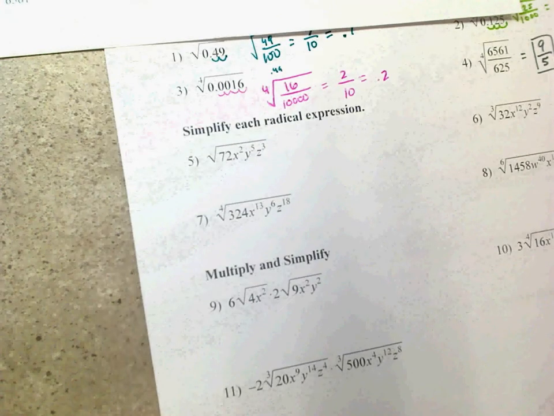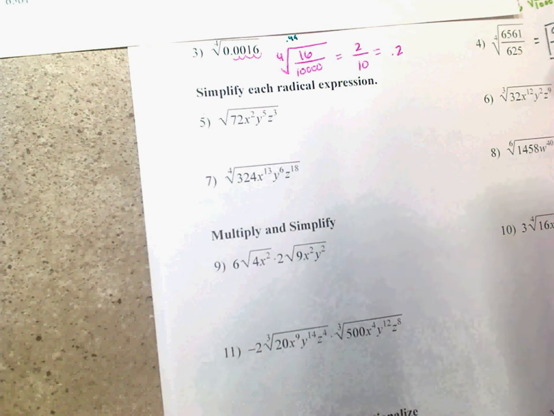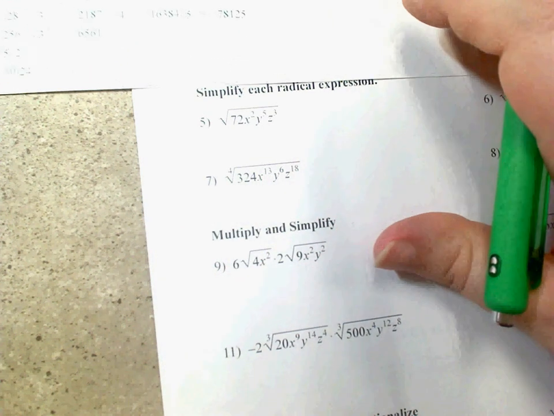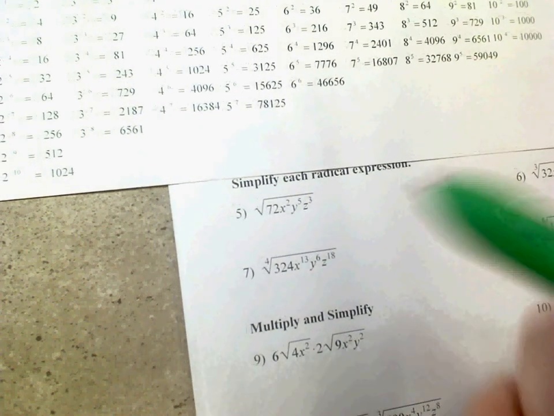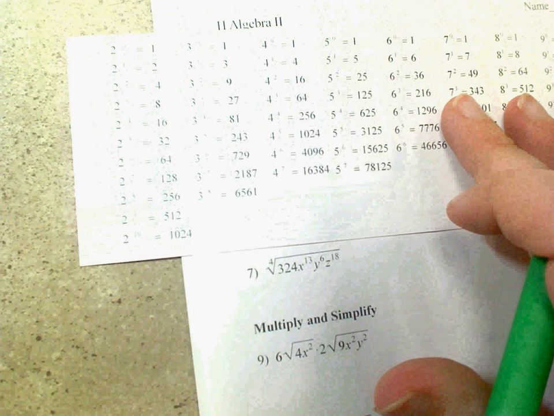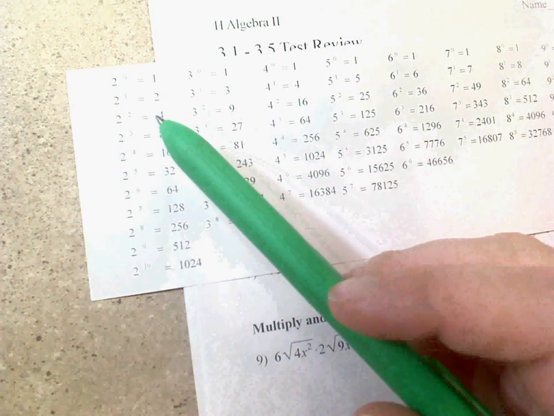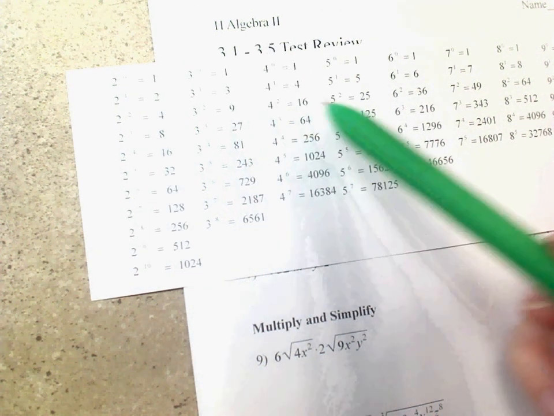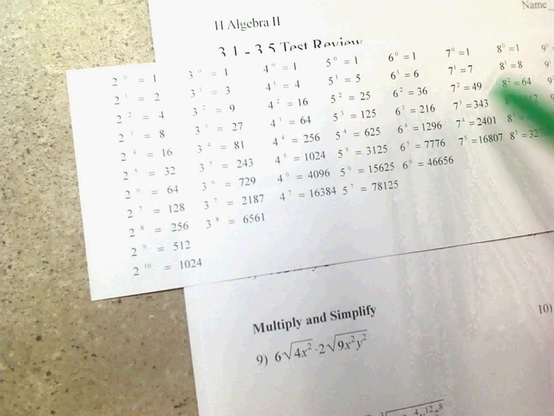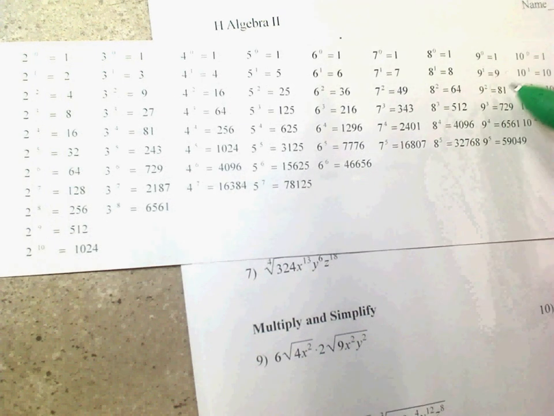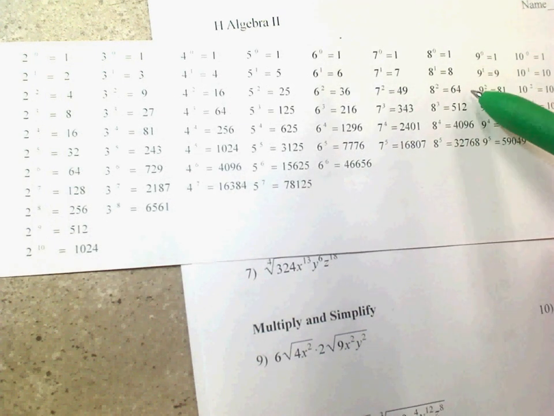Number 5, the directions say simplify each radical expression. What I want you to do is take everything out of a root that you can. When you talk about the square root of 72, 72 is not a perfect square, but when I look at my perfect squares, 4, 9, 16, 25, 36, 49, 64, and 81, 72 lands in between two of these.